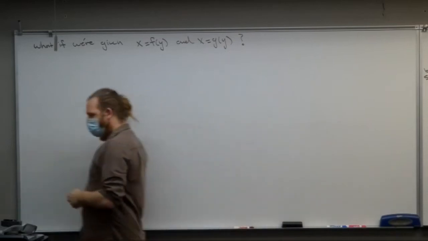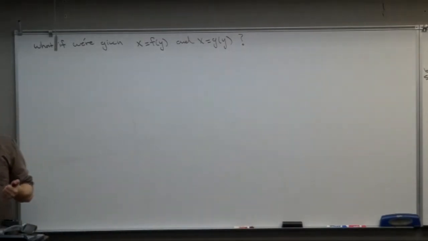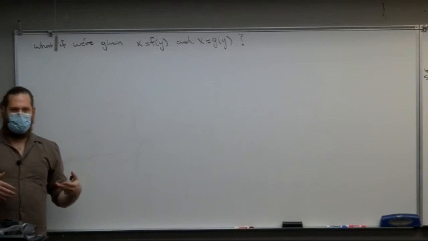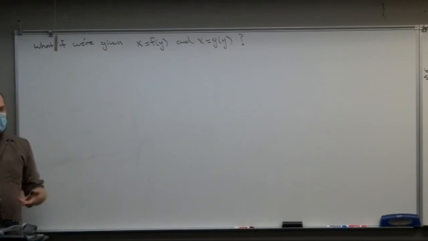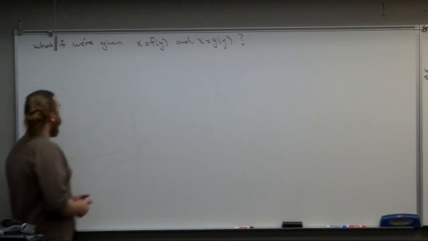All right, so what if these things don't pass the vertical line test? Then there is no upper and lower necessarily. There's going to be a left and a right. And really all you have to do is turn your head 90 degrees to the side and everything else is the same.